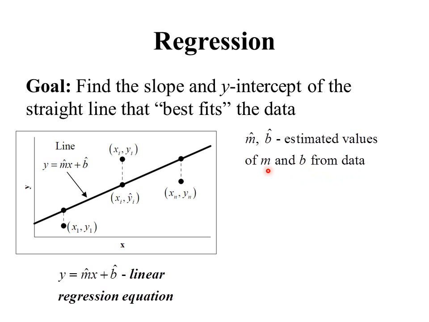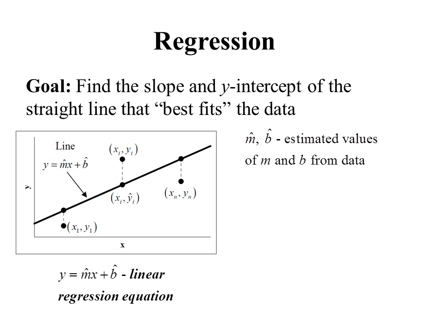Remember, m was that slope from a couple of slides ago, and b is that y-intercept from a couple of slides ago. These are theoretical values. We don't know their exact values, so instead we're going to have to estimate them using our data. So m hat and b hat are the estimated values of m and b.